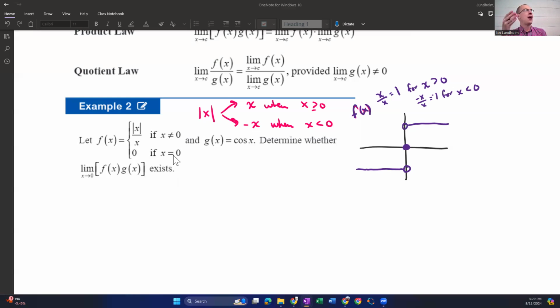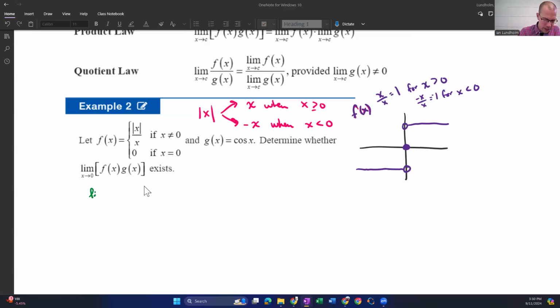And that's kind of the point of this limit law, is that when we start looking at the product of these two functions, things start to look pretty complicated. But the beauty of the limit law is that instead of looking at the limit of a product, we're going to be able to take the product of two limits.